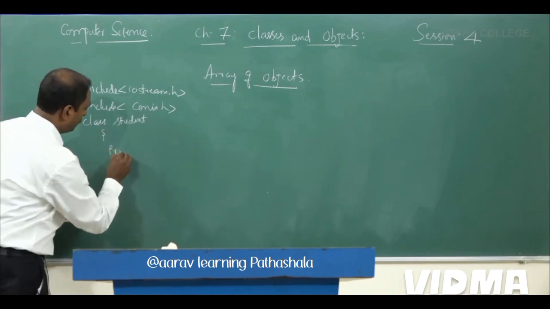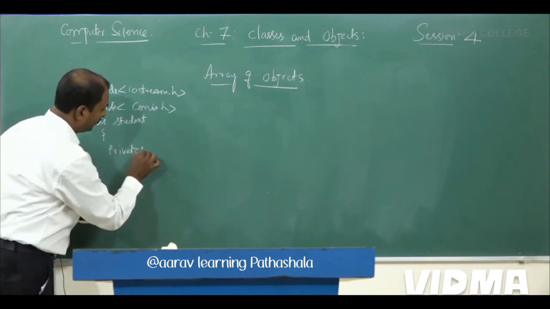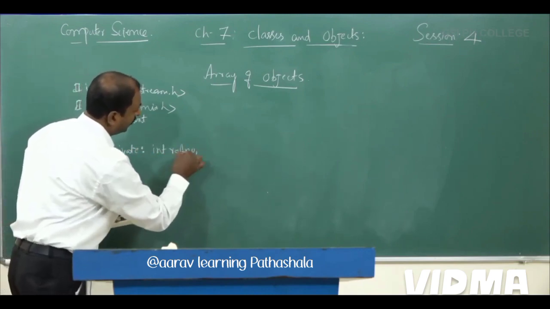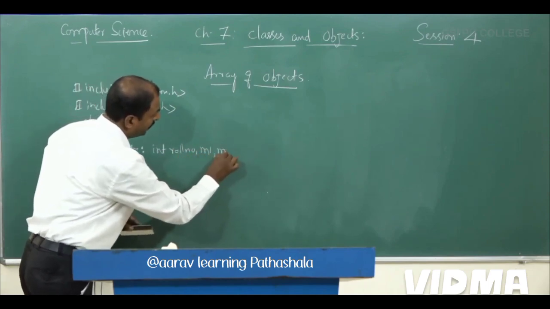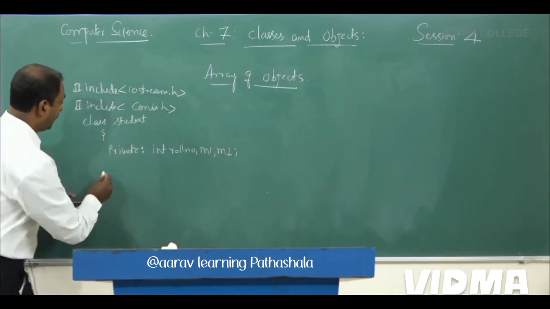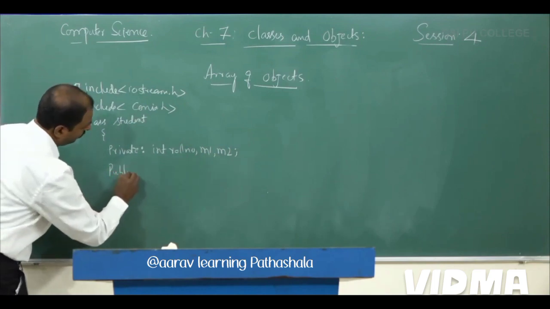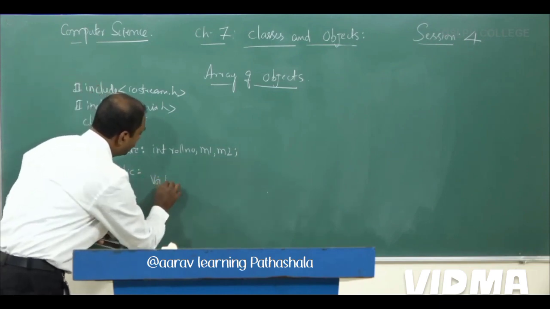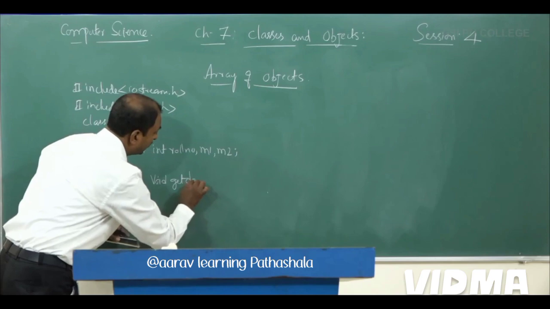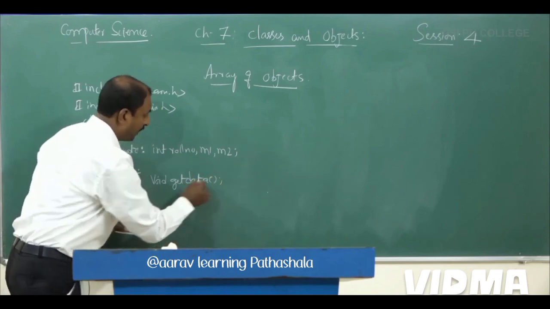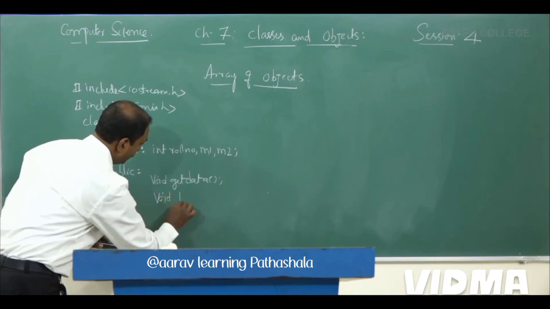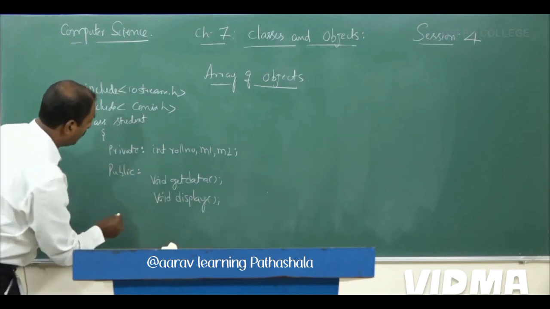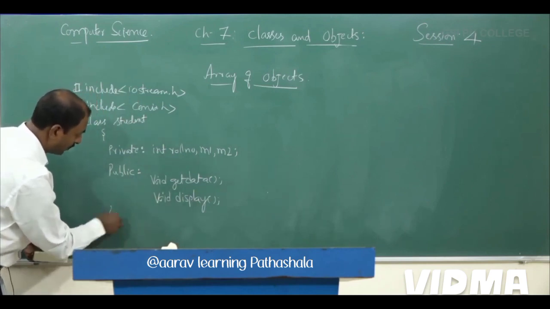Variables under private: int roll number, M1 and M2. And under public we write 2 functions, void get data and void display. Close the class along with the semicolon.